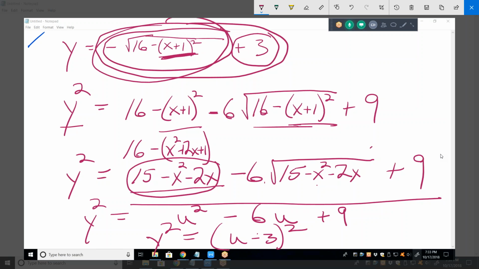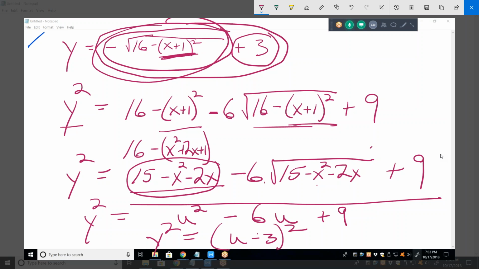Not a circle. The heck is it? Isn't there a way when it's the original equation, the negative root of 16 minus x plus 1 squared plus 3 outside the radical, isn't there a way through that to evaluate the x plus 1, the 1 is the negative h value?